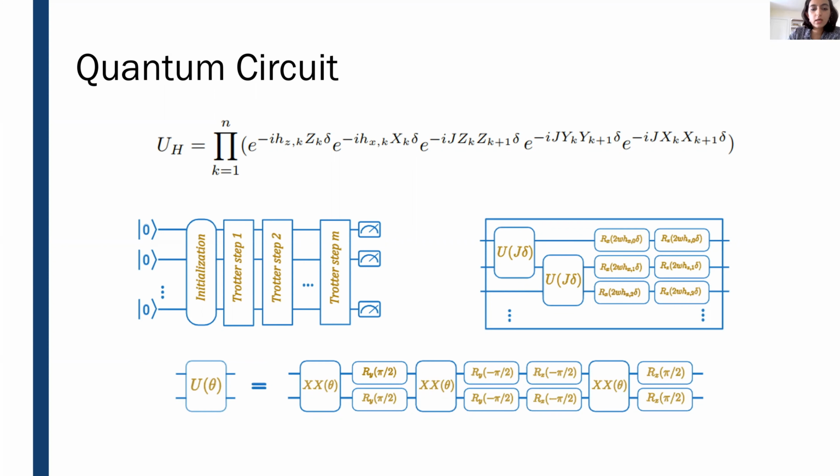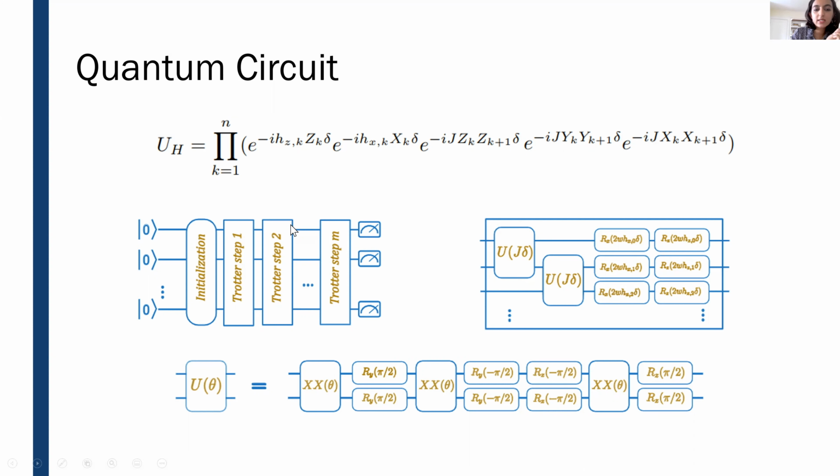Very quickly, the model that we studied was the Heisenberg model with disorder, right? And the first thing you typically do when you want to do time evolution is Trotterize the Hamiltonian. Basically, you enable that Hamiltonian to be realized by 1 and 2 qubit gates. To do that, you have to discretize the Hamiltonian, and that involves some error. So you do a lot of error analysis on whether your discretization technique is robust to that error.